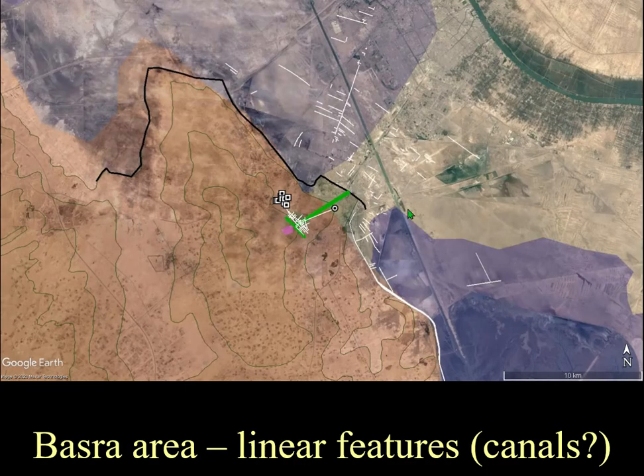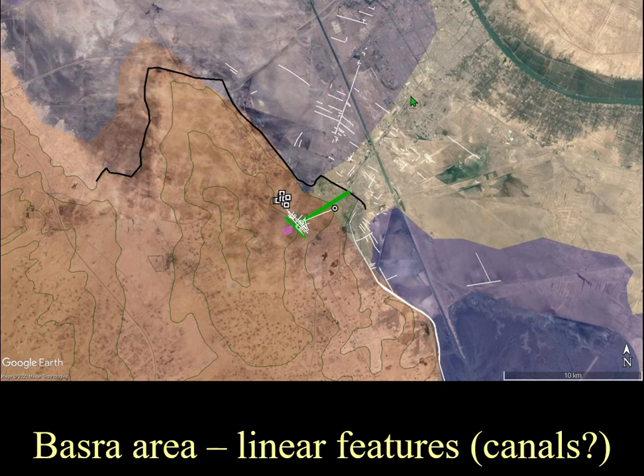So this shows you some of those linear features. You can see there's a lot of them. I just copied some of them to get the orientation. You can see there are a couple of major ones. This seemed to be a major one. You can see the angle of these canals change here, so this clearly was a significant canal.